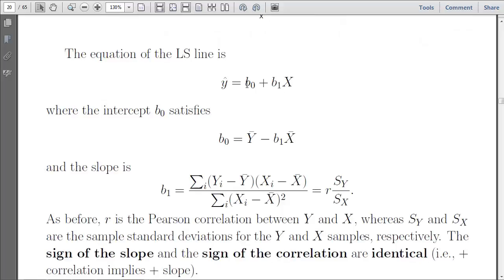So I do have equations here. If we want to estimate beta naught and beta 1 with b naught and b1, just like we often estimate the Greek letter for the parameter with a Roman letter for the statistic, then you can calculate b naught as this, where you've already solved for b1 here, which is related to the covariance and the variance of x.